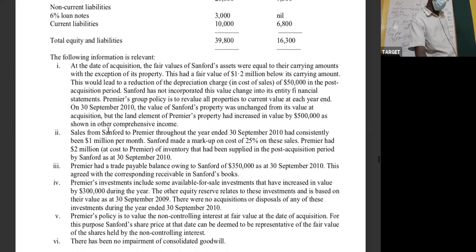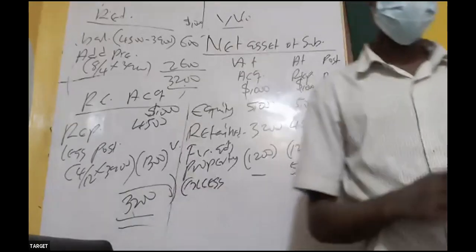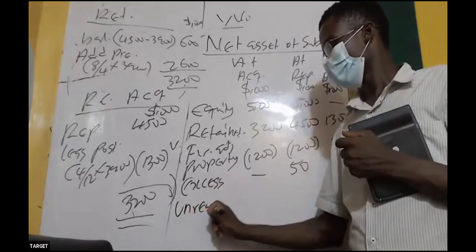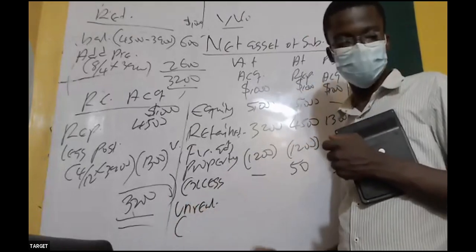Who made the sale? The sale was from Sanford to the Premier. So that means it is from the subsidiary to the parent. So it is the subsidiary that made the unrealized profit. So let's compute it. The markup is 25%, and the selling price is 2 million. So third examiner, unrealized profit. Unrealized, open the bracket.